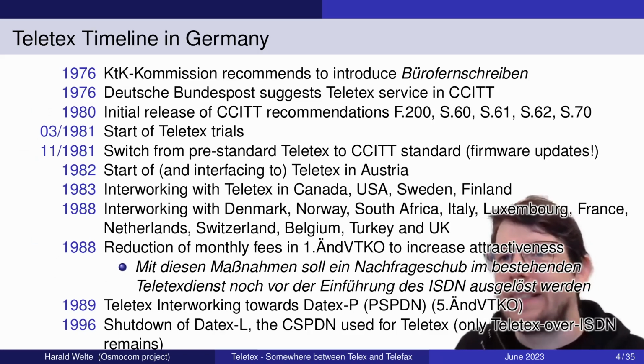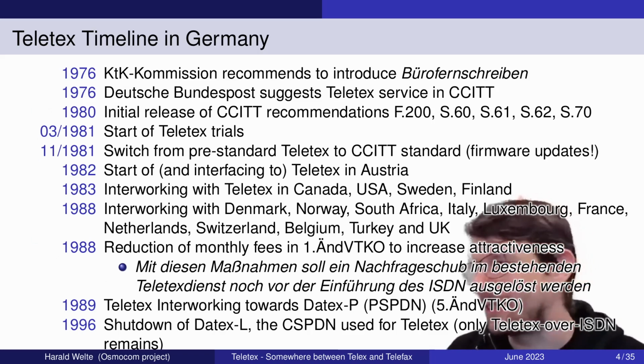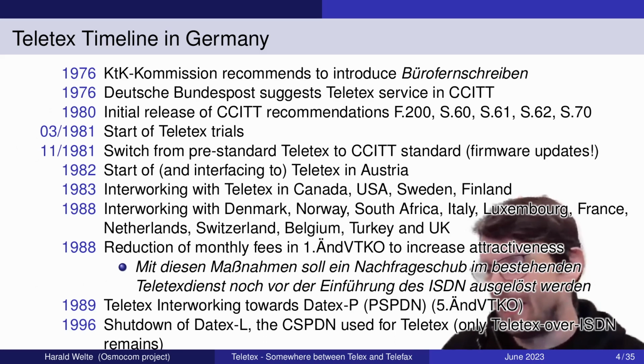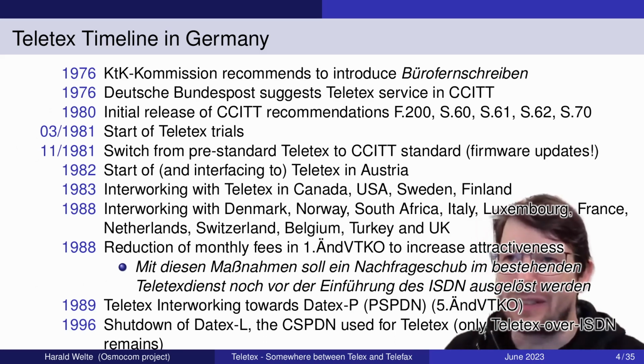So let's look a bit at the timeline. In 1976, there was a KTK commission. I forgot what it stands for, a committee for the future of communication technology or something like that. That commission was a government committee that should predict how communication evolves over the next decade or so and what to do.